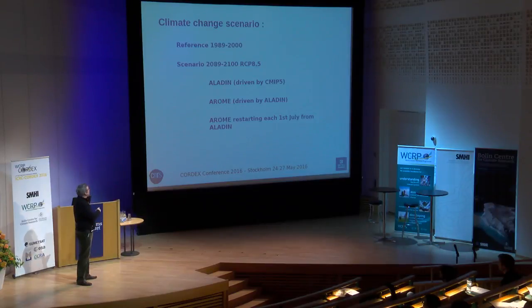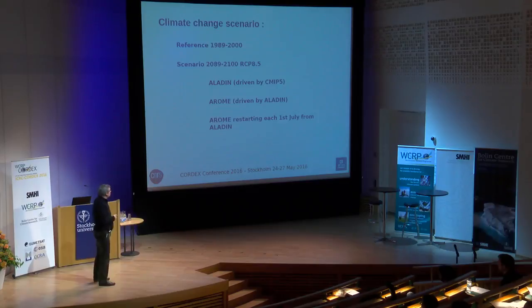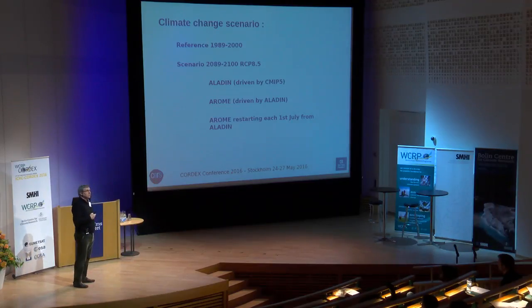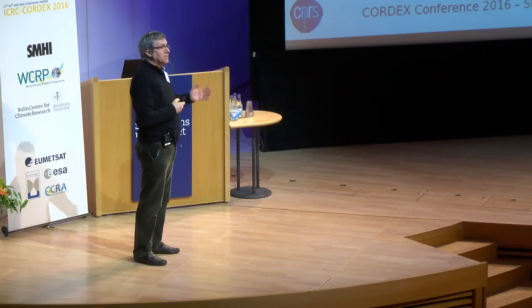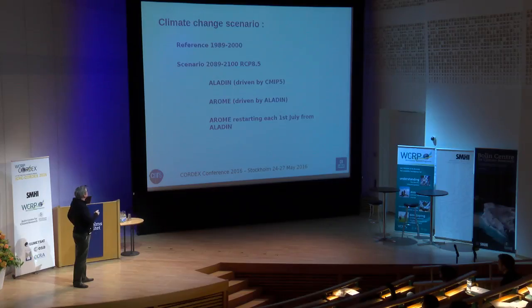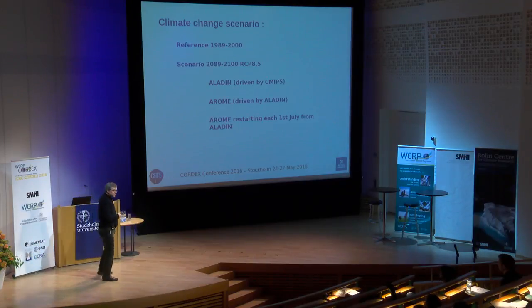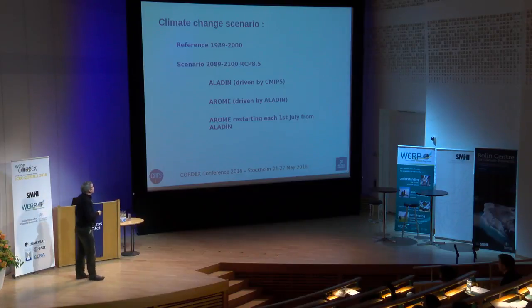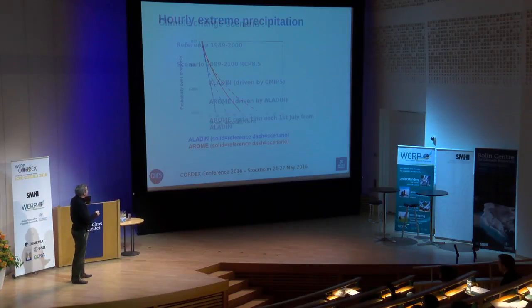A rainy day for Arpège or Aladdin is also a rainy day for AROM. So even with 12 years, it's reasonable to make a comparison of AROM versus Aladdin. What would not be reasonable would be to say this is the climate change, because it's only 12 years. And we will have Aladdin, AROM, and also another simulation that unfortunately I will not present to you because the chairman signaled that I had only 3 minutes to conclude.